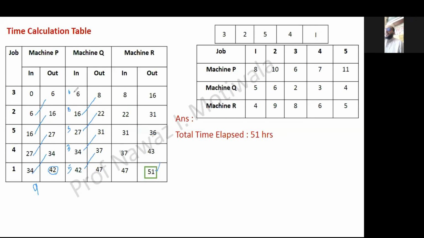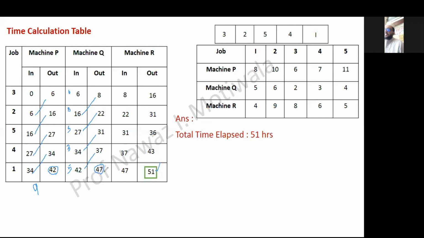So total idle time will become 8 plus 6, 14. 14 plus 5, 19. 19 plus 3, 22, and 22 plus 5, 27. 27 will come, and you can see here, mostly in exams, students forget. They just calculate this time and write it as the final answer. But no, you can see the time at which machine 2 was free was 47.